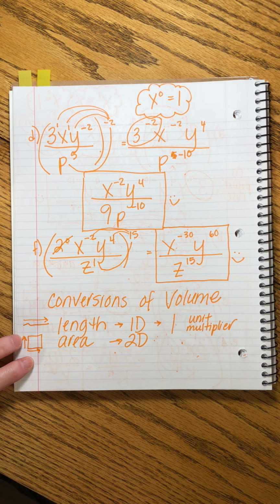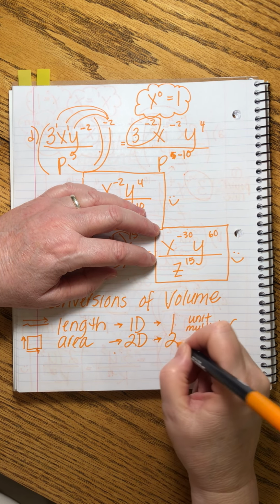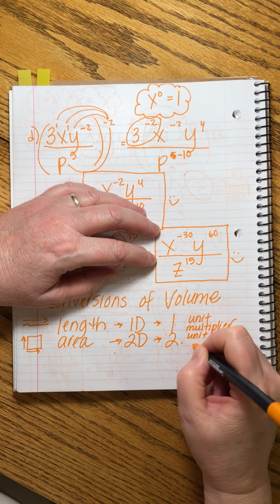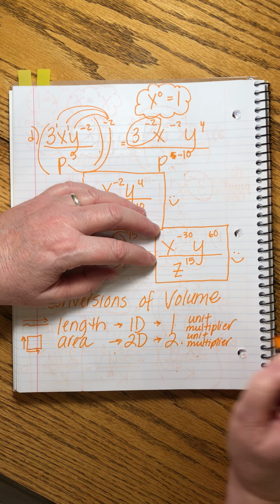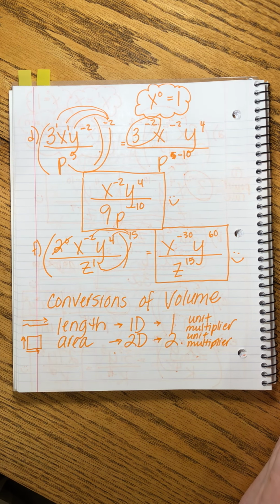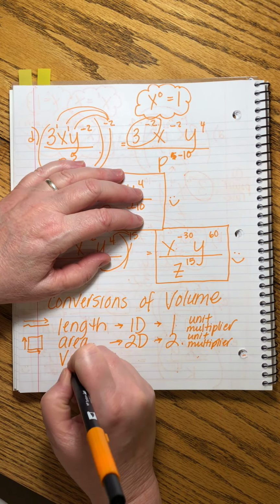So in area, we have two dimensions, so we have to use two unit multipliers. And we can use the very same one, we just have to use it twice in order to do the calculation properly. Well, today we're talking about conversions of volume, and volume is fun because it's the three-dimensional cube. And I think I usually tell every class this story.